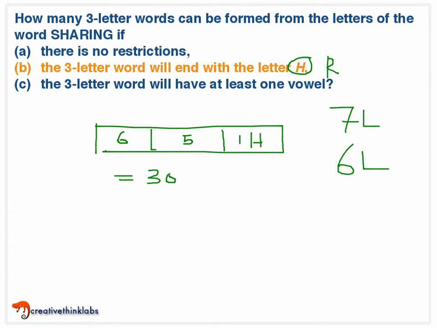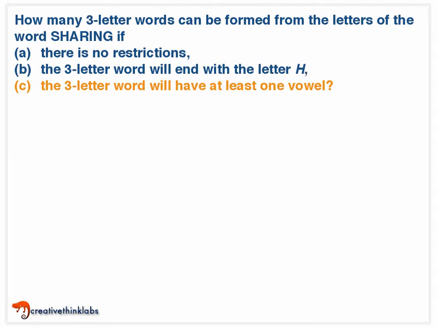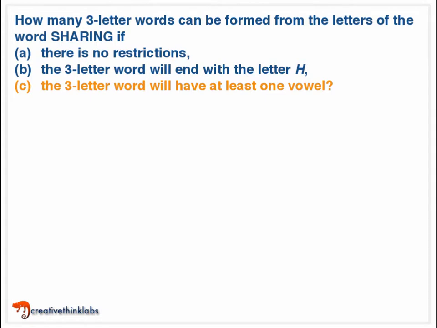Now let's look at the last part of this question. The 3-letter word will have at least one vowel. From the word SHARING, we know there are 2 vowels, namely A and I. We do know that there are 7 letters altogether. Now, if you look at this, at least one vowel, let's figure out what the possible scenarios are.